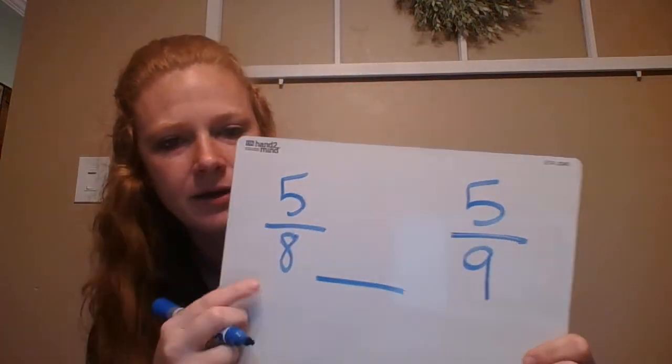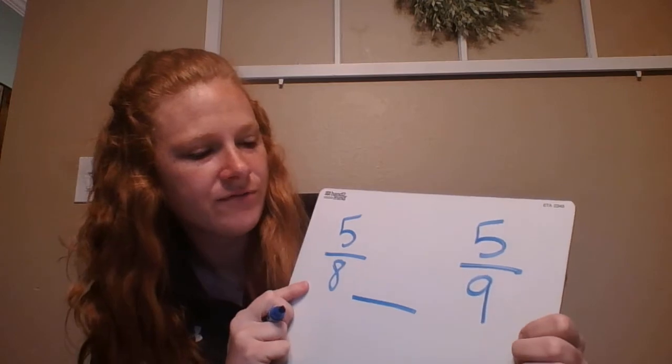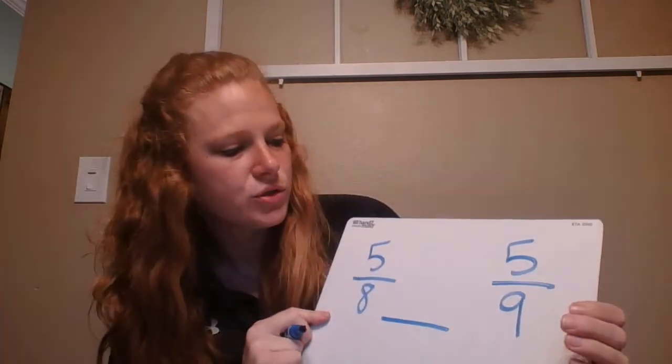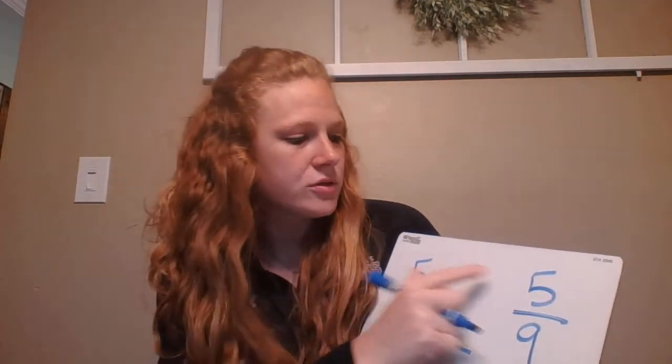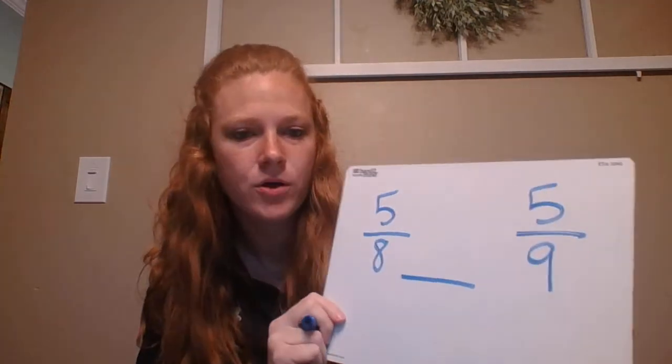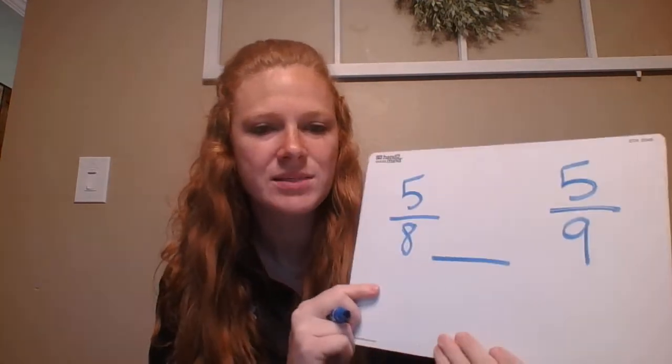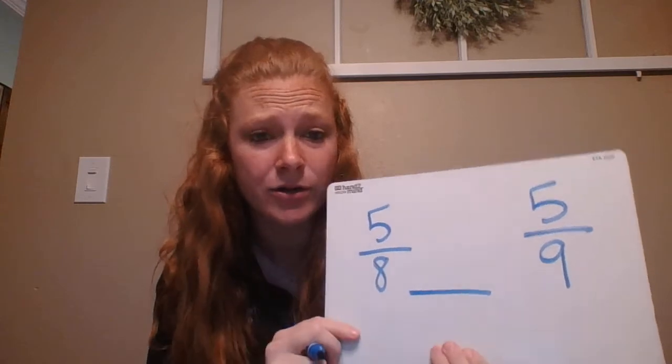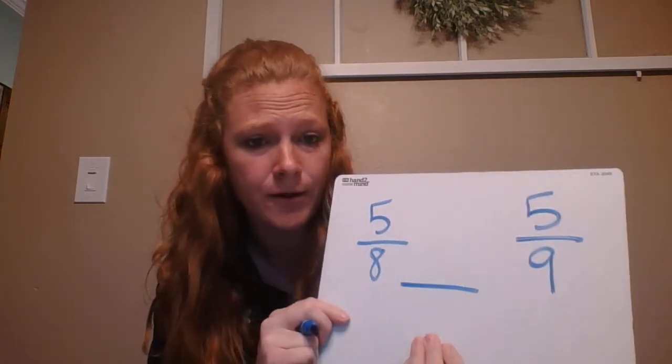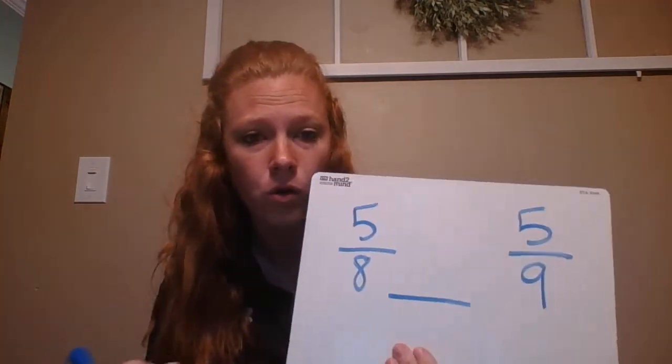And our last problem that we're going to work out together is a comparison problem. And then I will give you 2 problems to work out on your own for extra dojos. So the two numbers that we're going to compare are 5/8 and 5/9. Remember, one of the tricks that I taught you is if the numbers are the same on top, whichever number has a smaller denominator is actually the bigger number because it's closer to being one whole.